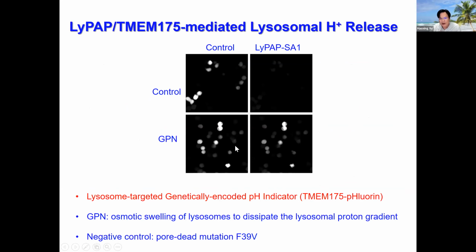Here we use a lysosome-targeted genetically encoded pH indicator fused directly to P175. And you can see that upon agonist application, we can see the proton release from the lysosome, with a bunch of control experiments to show that this is the proton release from the lysosome. For example, we use GPN to abolish the proton gradient, and then that effect is gone.